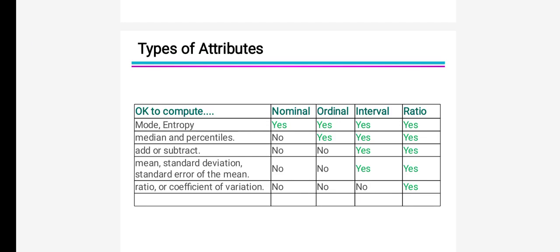Now the types of attributes: mode, entropy, median, mean, standard deviation, standard error of the mean, ratio, coefficient of variation. There are columns for nominal, ordinal, interval, and ratio, and they all have their ranks in the columns described here.